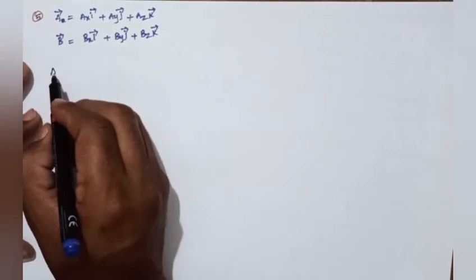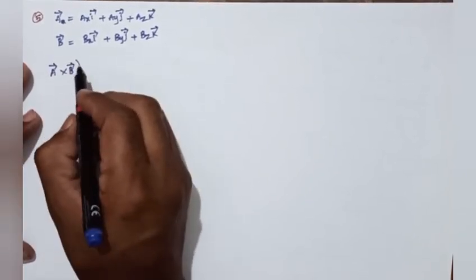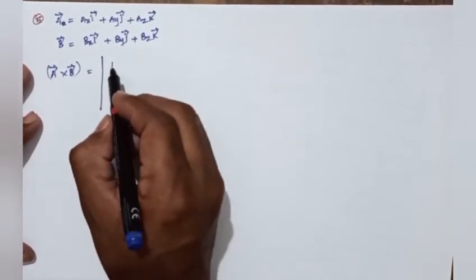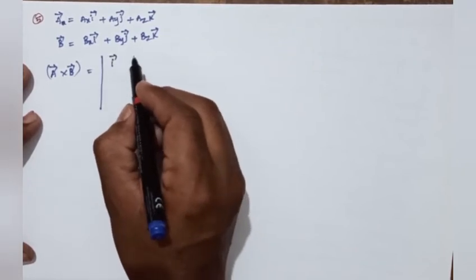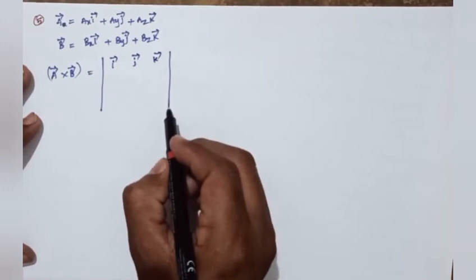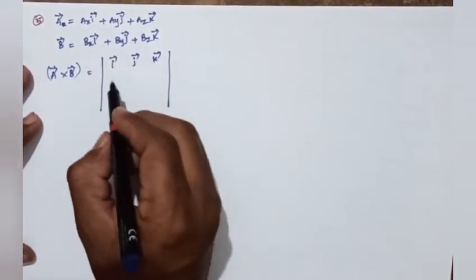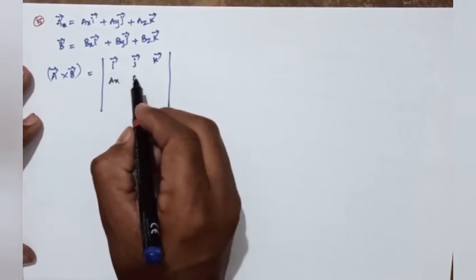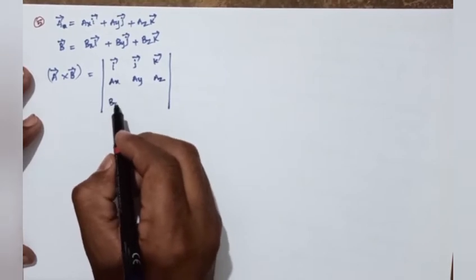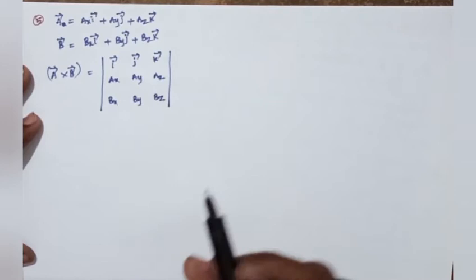So the cross product of these two vectors can be written as a bar cross b bar equals mod of i bar, j bar, k bar, so it is the determinant of this: ax, ay and az, bx, by and bz.